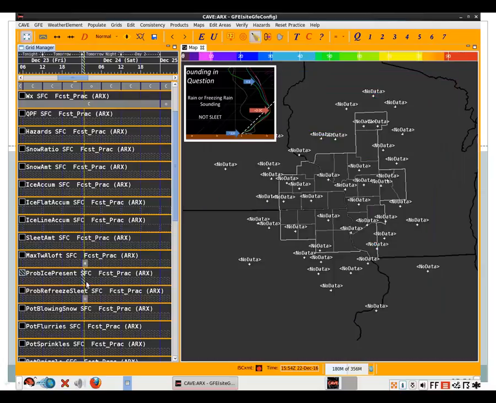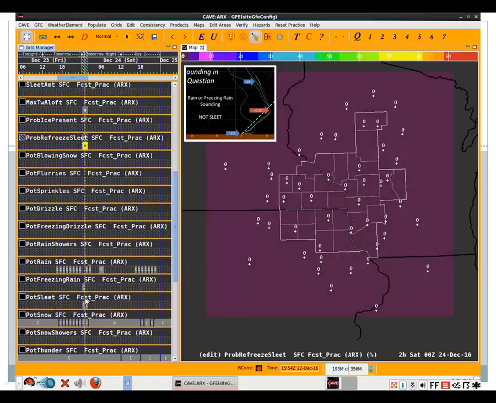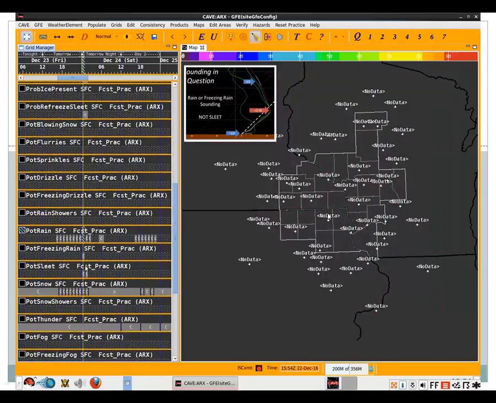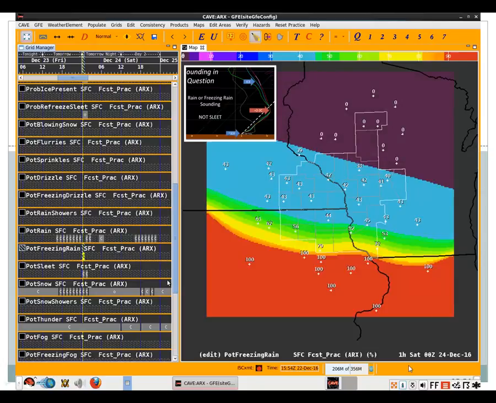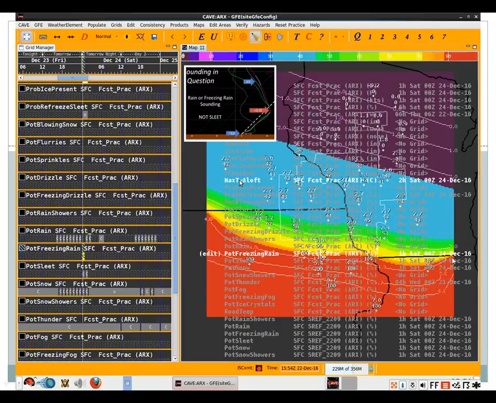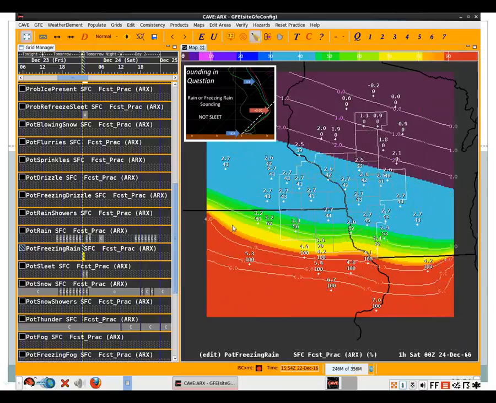So let's just keep moving through our top-down grids here. No prob ice present and no refreeze to sleet. So let's look at what the forecast looks like. I have no probability of rain. That makes sense. Probability of freezing rain is quite high, above 4 Celsius, because the curve, again, remember, is for above 4 Celsius aloft. So that's where you're seeing the max wet bulb temperature aloft.